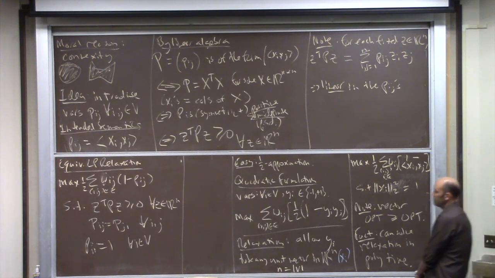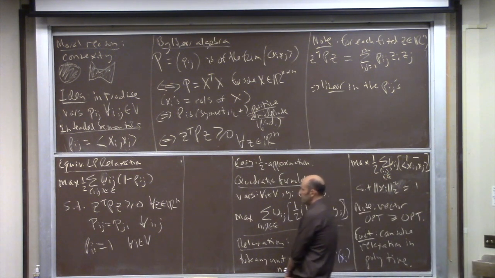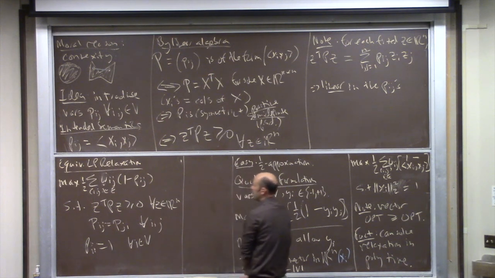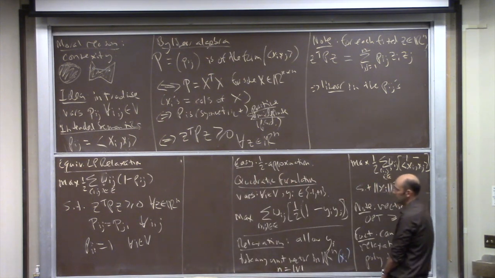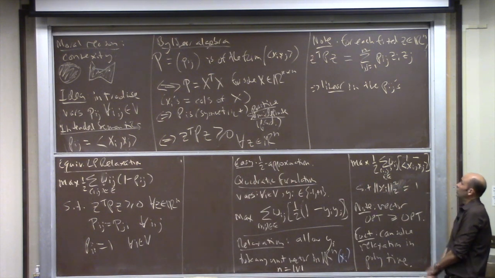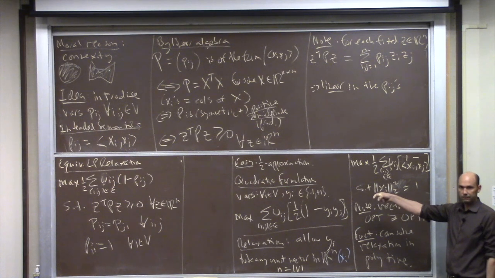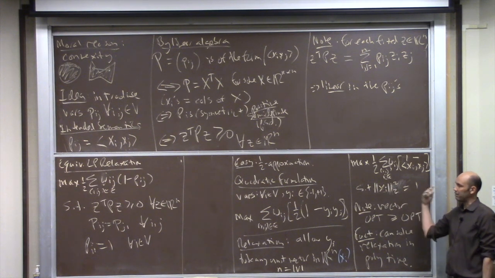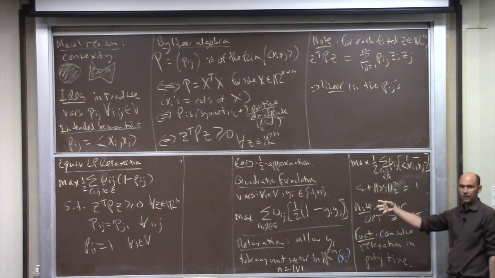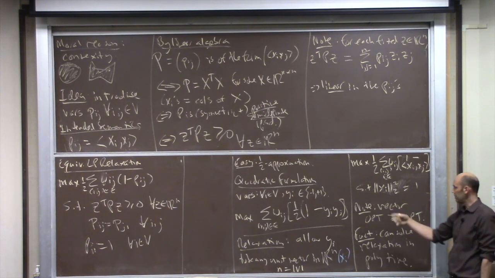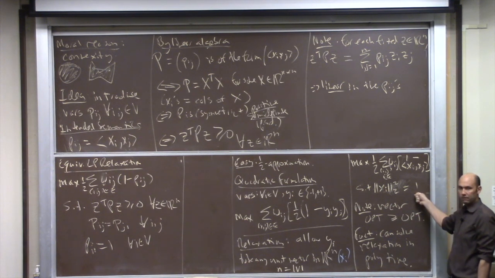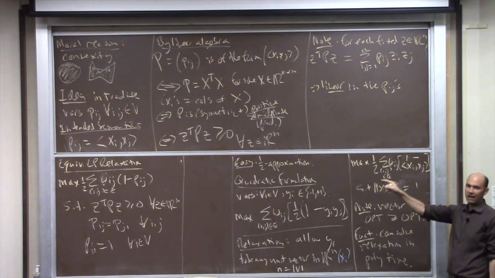All right, so any questions about that? So the claim is that for any feasible solution to this linear programming relaxation, there's an equivalent solution to this vector programming relaxation. And conversely. And moreover, this mapping preserves the objective function value. What's the bijection? If I start you with a bunch of vectors, then you just define Pij to be the dot product of xi and xj.